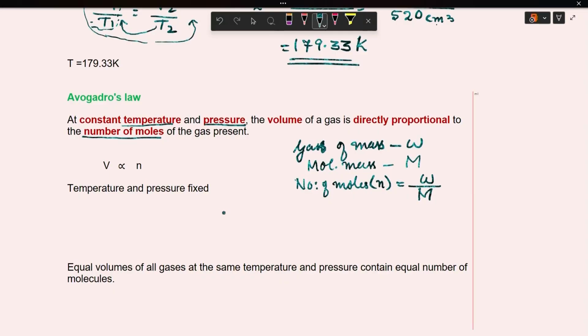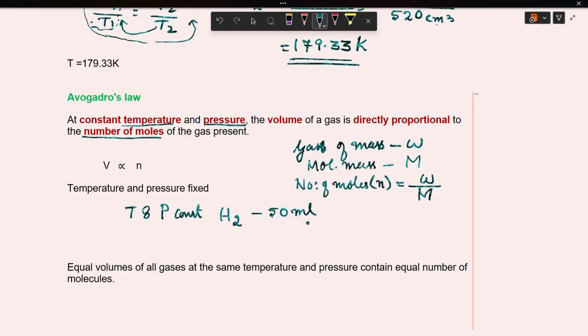Suppose I am going to take hydrogen gas, and if this hydrogen gas has a volume of, just for clarification sake, 50 ml, here temperature and pressure constant. So, I have taken some amount of hydrogen gas, and its volume is 50 ml.